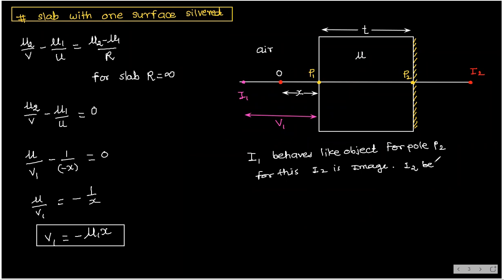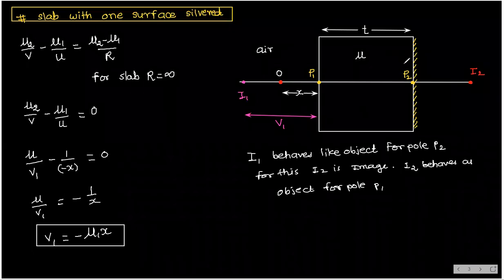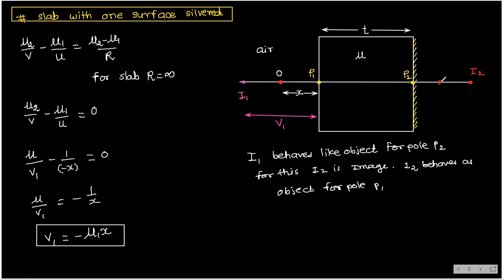I2 behaves as an object for pole P1, and therefore we will get one more image, that is I3, somewhere here.